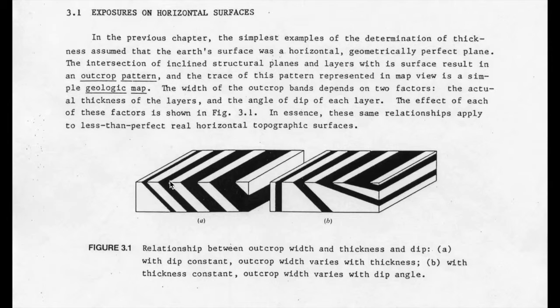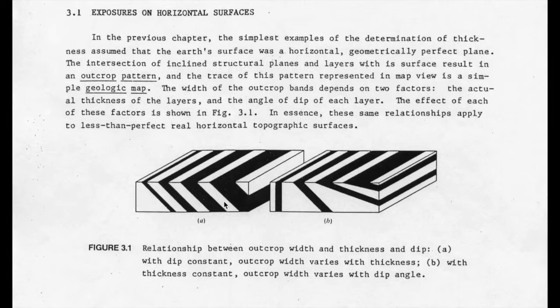The other thing to note is that on this diagram, none of these thicknesses are actually the true thickness. When we talk about the thickness of a rock layer, we mean measured perpendicular to the layering.